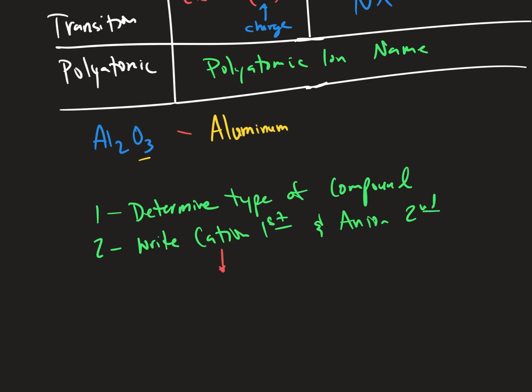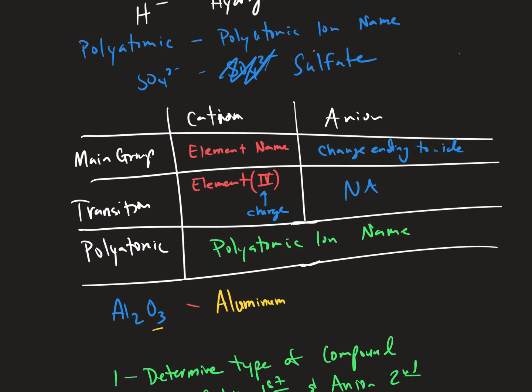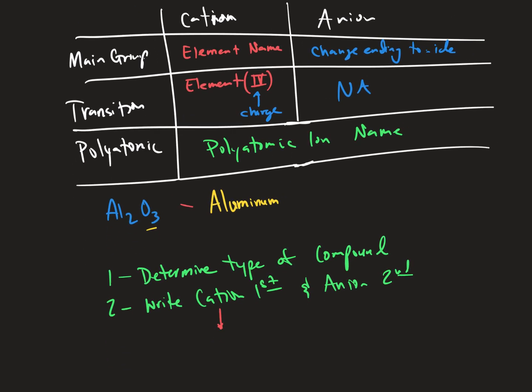Oxygen is a main group element. So we change the ending to IDE, right? Aluminum oxide. Done. Good?